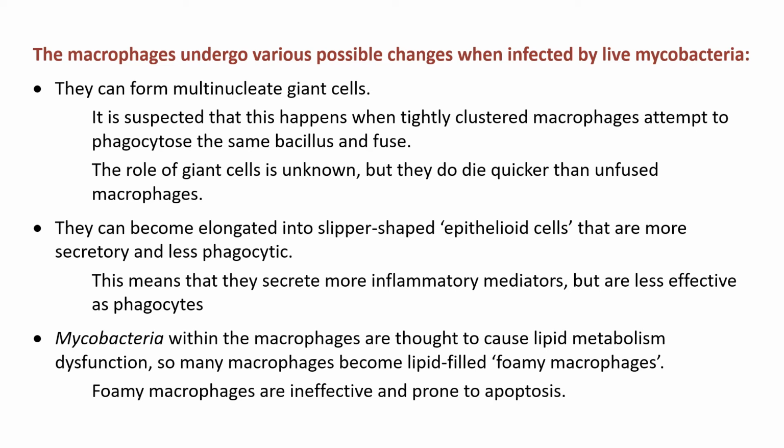They're not good at phagocytosis. Instead, they're big, lardy, lipid-filled couch potatoes, and they're also very prone to apoptosis. So all these three possible changes to the macrophages make the macrophages less effective as phagocytes.